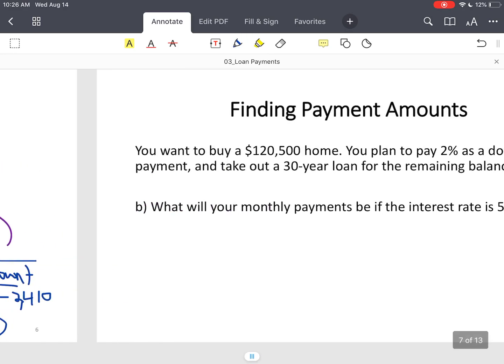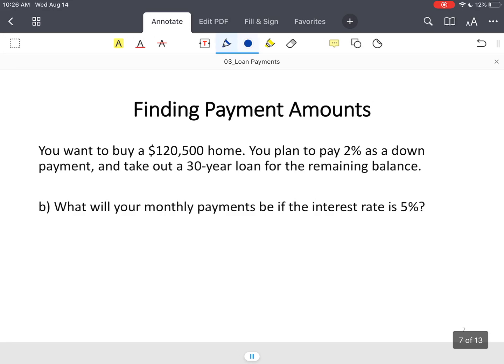Now we're going to go to our monthly payment. It's a 30-year term at 5% interest. We disregard down payment because we already took care of that, and we know our loan amount, or our present value, is $118,090.